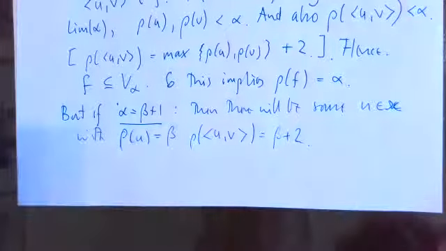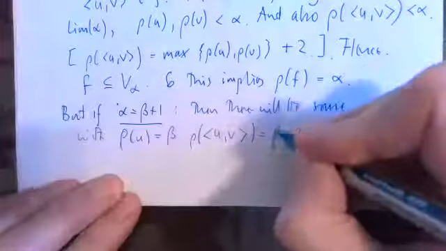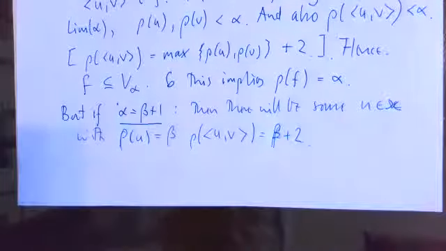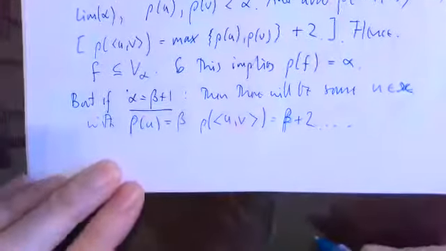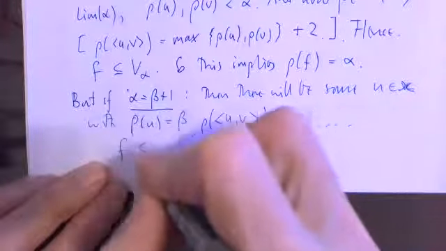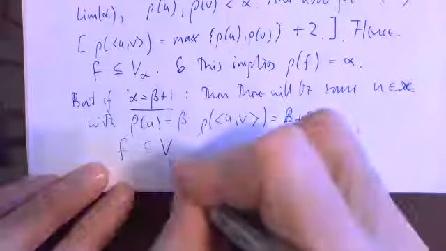Sorry, my pen is running out here. It's beta plus 2. So in fact, once you carry all that reasoning out, what you've got is f is a subset of V beta plus 2.